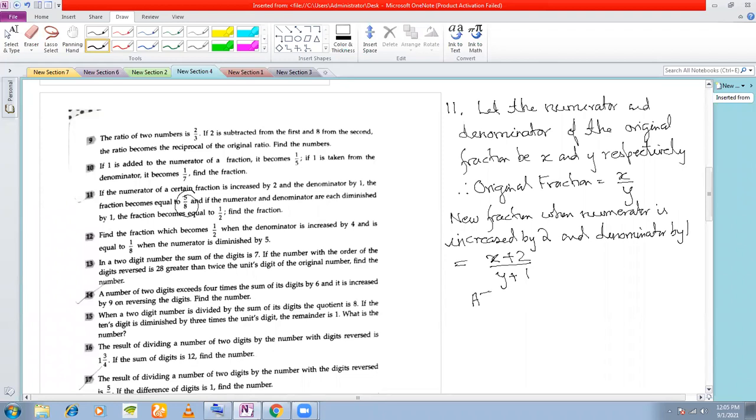So according to this problem, this fraction becomes equal to 5 by 8.